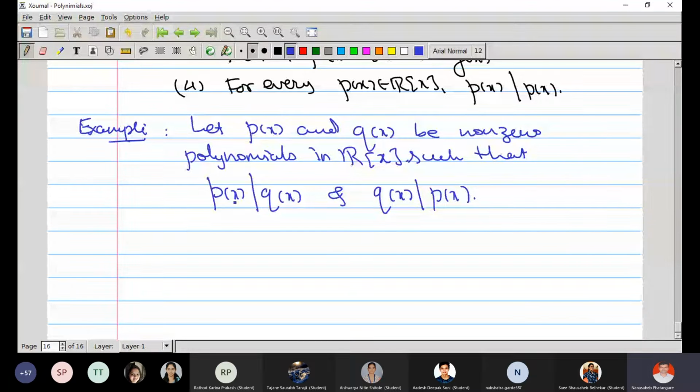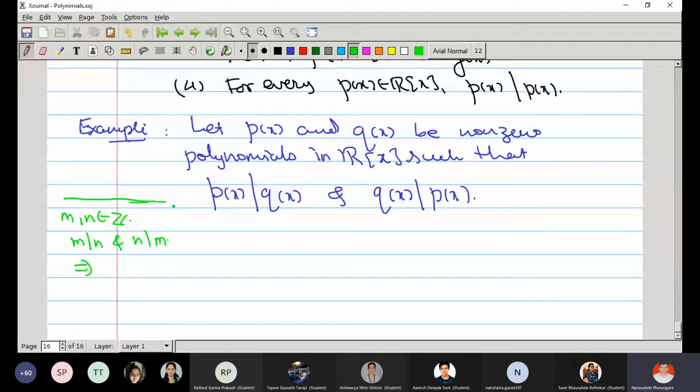So now you understand the meaning of p(x) divides q(x). Same idea you can think about integers. If m and n are integers and m divides n, also n divides m, then what can you say about these two integers?